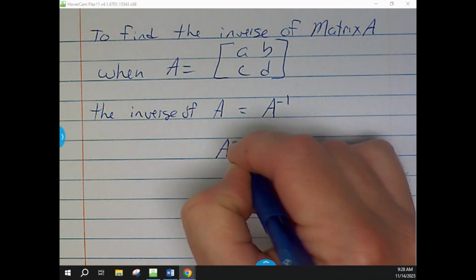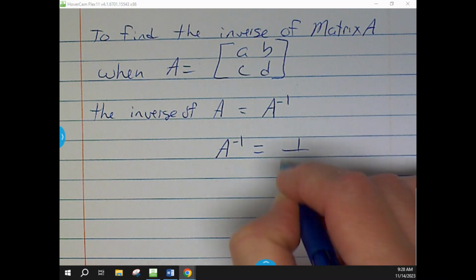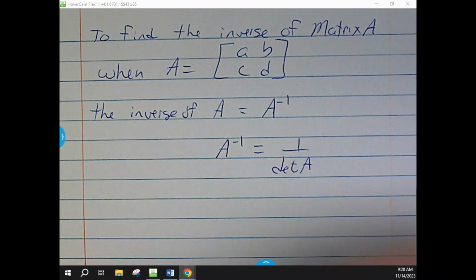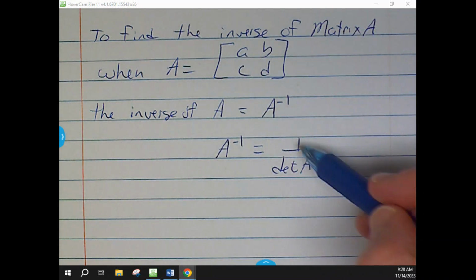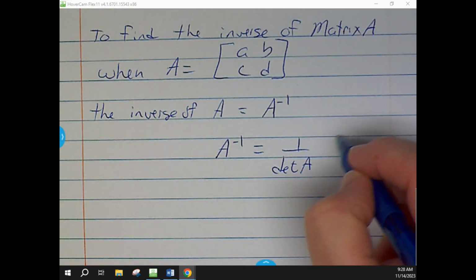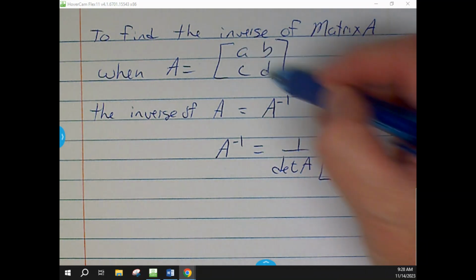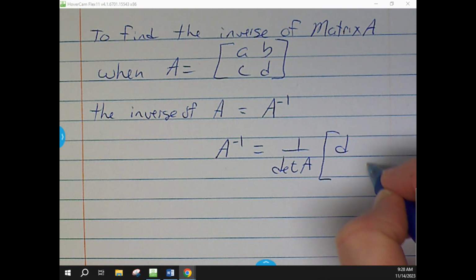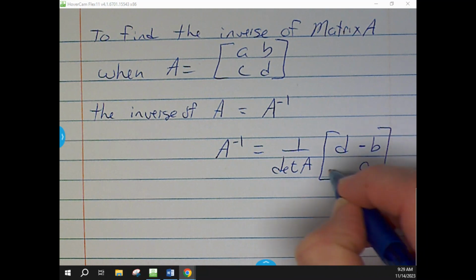To get the inverse A negative 1, which is what we're looking for, it's 1 over the determinant. So basically, we're going to go back and do our cross products here and figure out what that number is going to be. So it's going to be 1 over that number, and then you're going to multiply it by, and here's the pattern, you're going to switch these two numbers. And then these two numbers will stay in the same location, but we're going to change the signs.